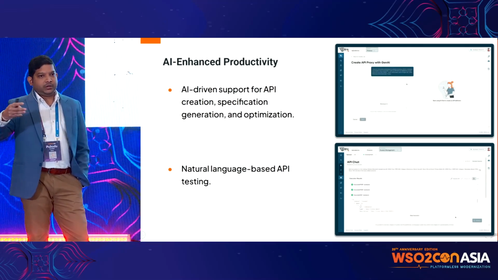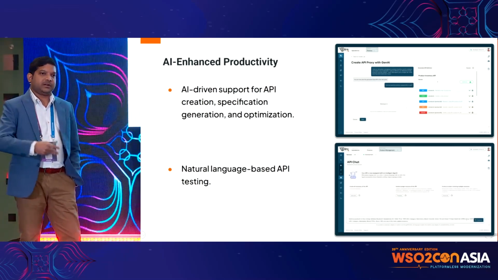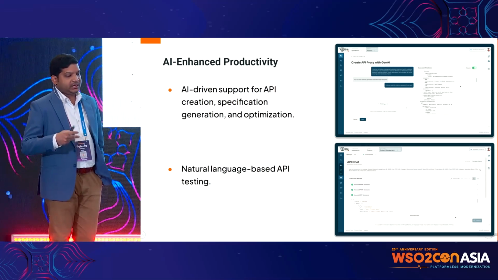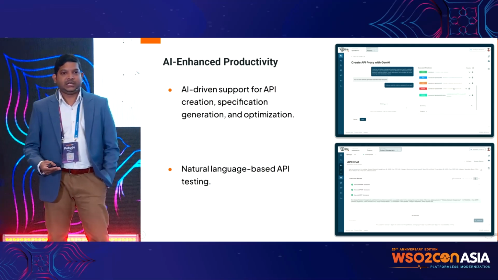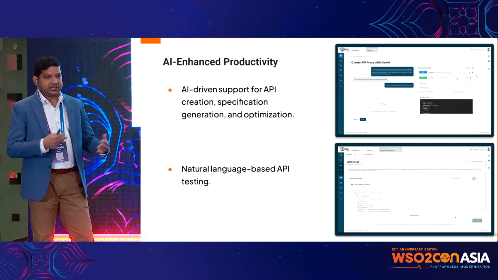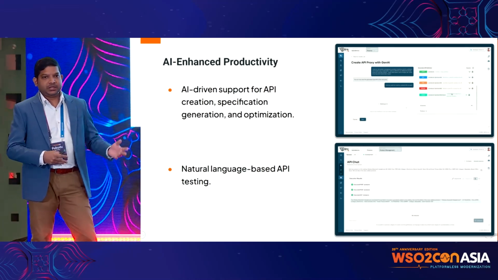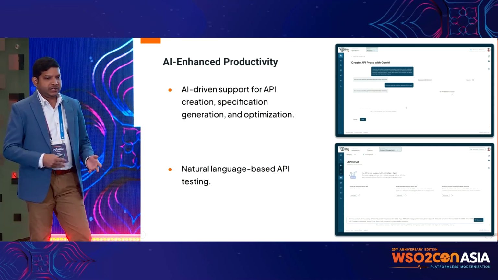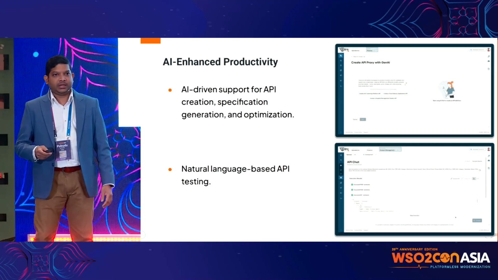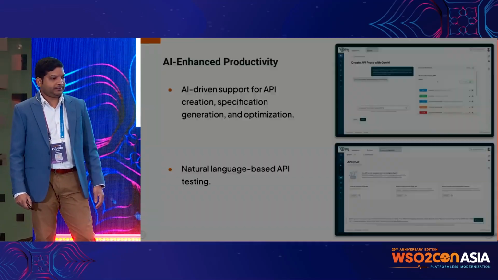You can also use this OpenAPI to develop your backend service if you start from an API-first strategy. The second one is natural language based API testing. You can provide your testing mechanism in natural language, and the AI will help convert your message into an executable API request. So you can easily execute API requests with the chat interface that we have provided there.